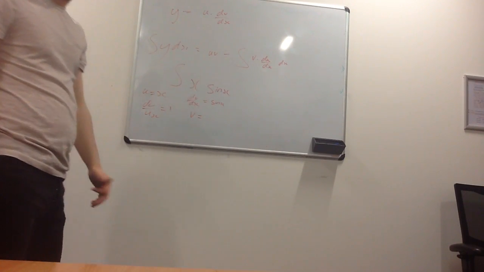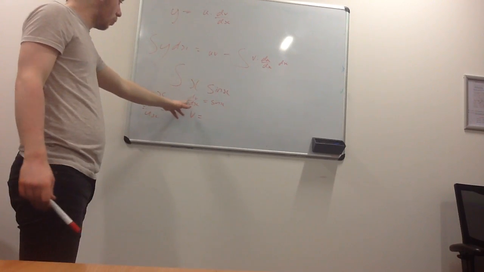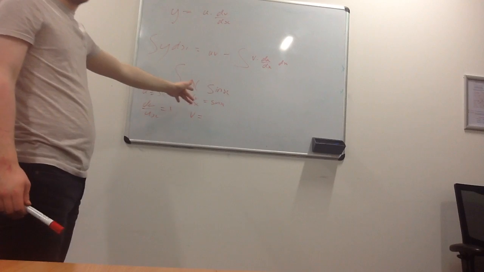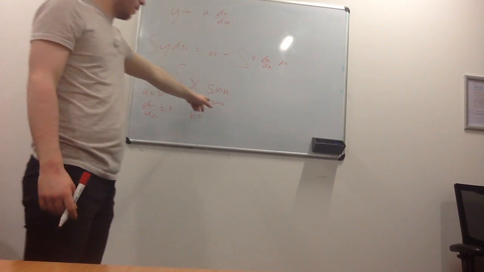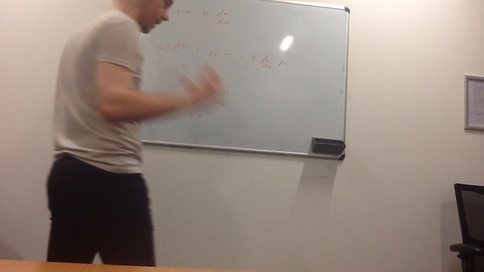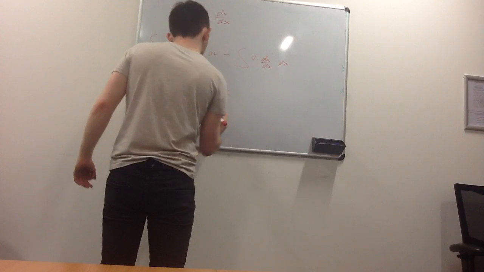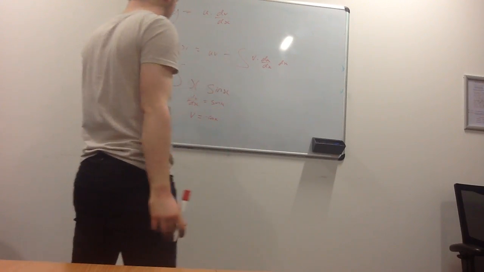Now, integration has always been the opposite of differentiation. When we differentiate sine, we get cos. However, when we integrate sine, we get negative cos. A lot of people mess that up.